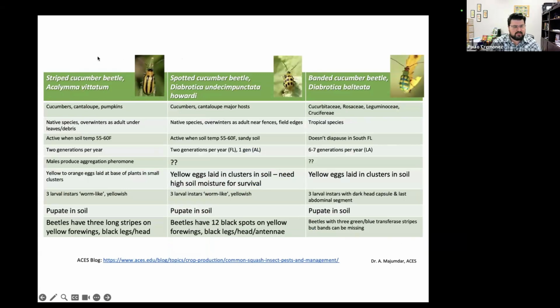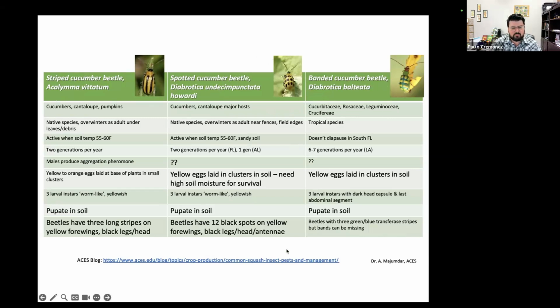So basically these are the three species that we have here. This is Dr. Ayanava Majumdar's material. He summarized it very well and distributed this among the growers. But here we have the striped cucumber beetle, the spotted cucumber beetle, and the banded cucumber beetle.